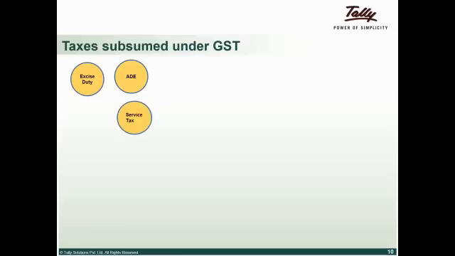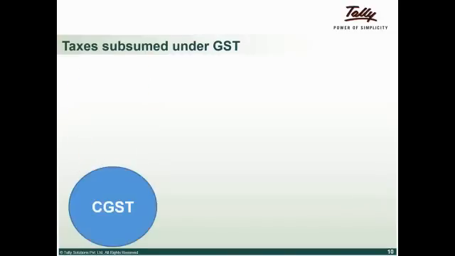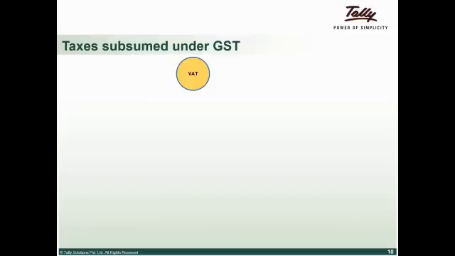So first let us take all the central taxation. Excise duty is a central tax, additional duty of excise is central, service tax is central, then we have various surcharges and cesses. These are centrally levied taxes, and they are now going to get subsumed under the Central Goods and Services Tax, which is CGST.